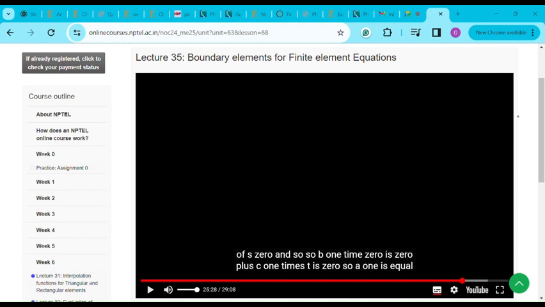We want to transform this into the standard element. This is the transformation I'm talking about.